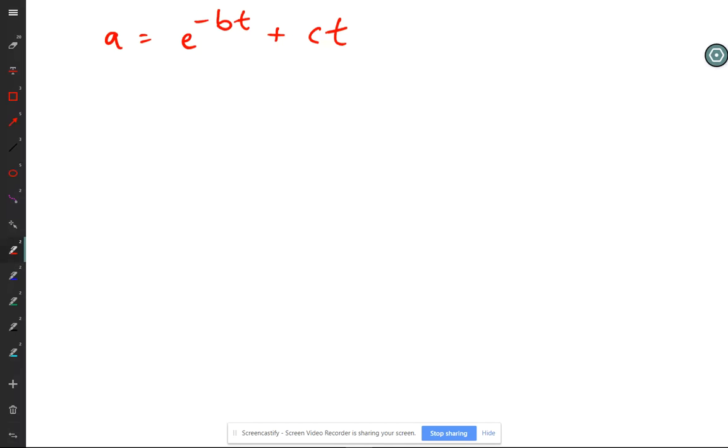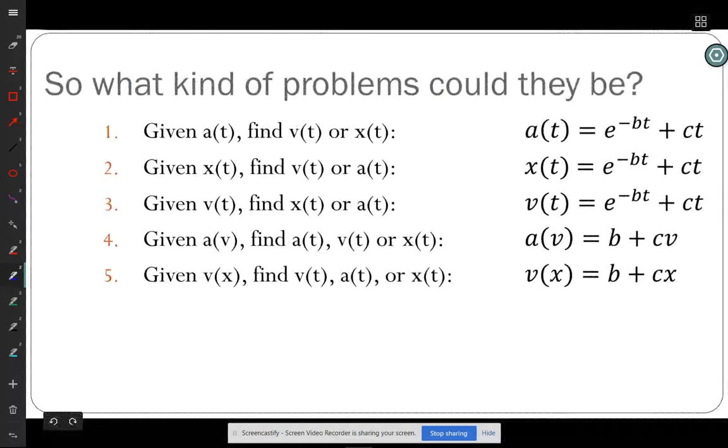So what's the first thing you do? Step number 1. Oh, we're finding the position as a function of time. It was find speed or position, so I'm going to do the position one.